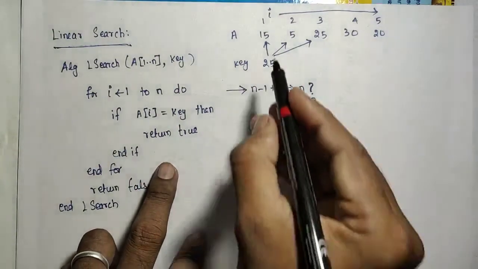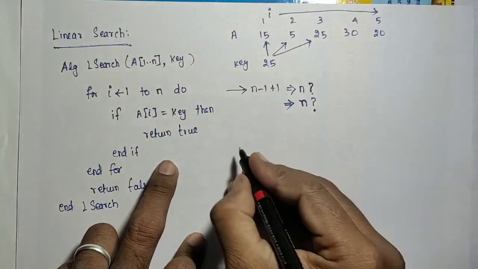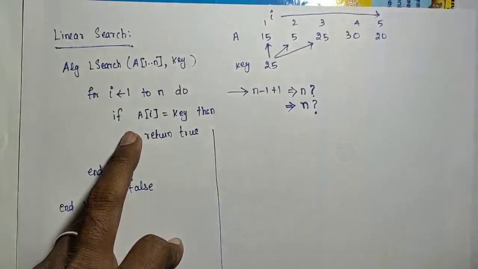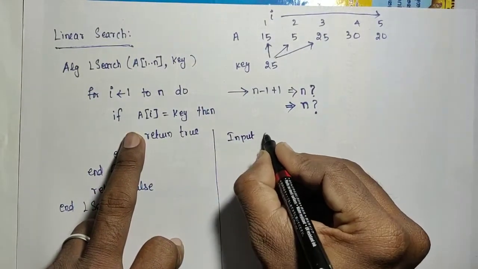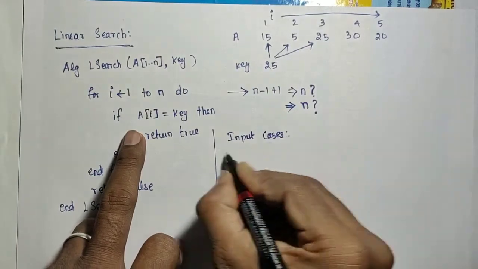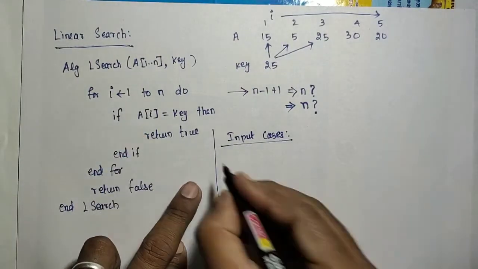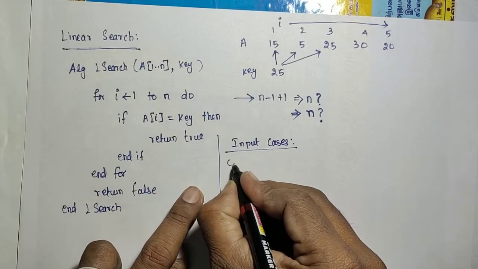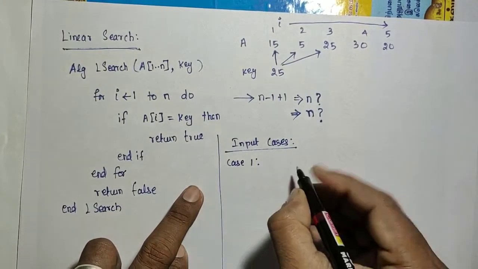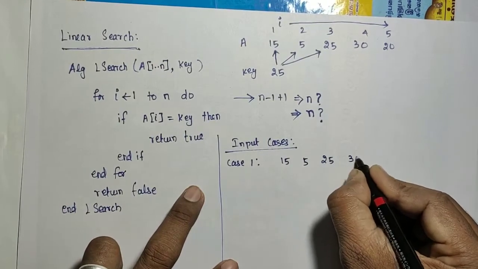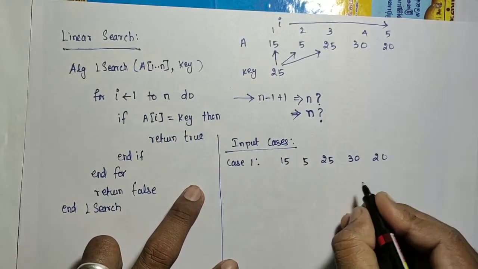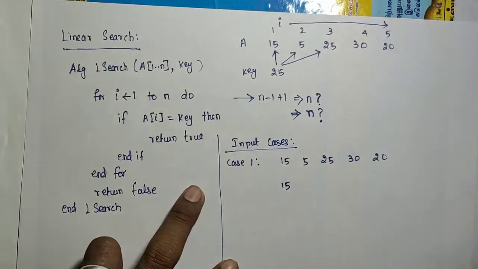There are two cases of input we will consider. Case 1: suppose A is 15, 5, 25, 30 and 20, and the key element is 15.